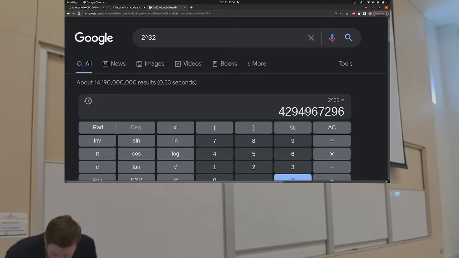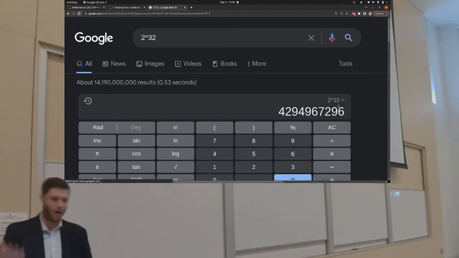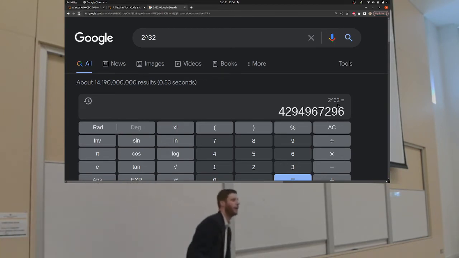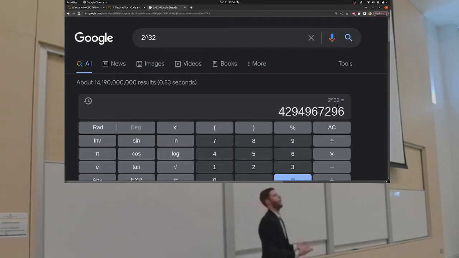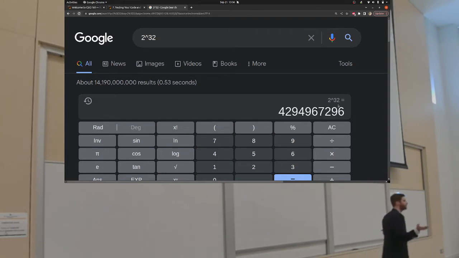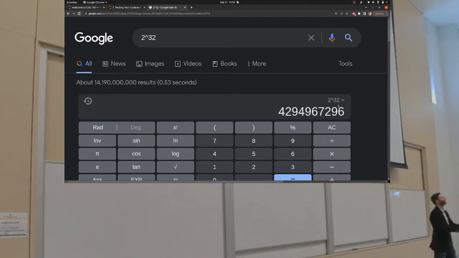Almost 4.3 billion unique integers. So I could start counting at 0, 1, 2, up to that. Or if I want to include negative numbers, I can, half of that, but half of them are negative. Floating point numbers are a problem because there's just more of them. So how can I possibly represent that many? Don't worry, if you need bigger integers, it'll work just fine. We're talking a little bit more classically speaking.